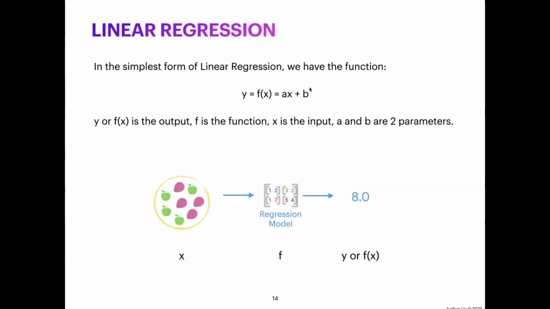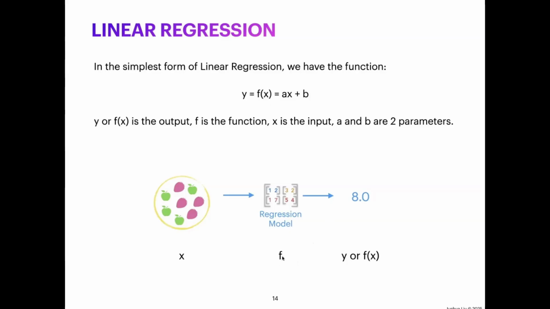If we put these mathematical representations back to machine learning, the observations, or the data points here, are what we call x, basically this x. And then the machine learning model, or a regression model, is the function here. So this is the f.